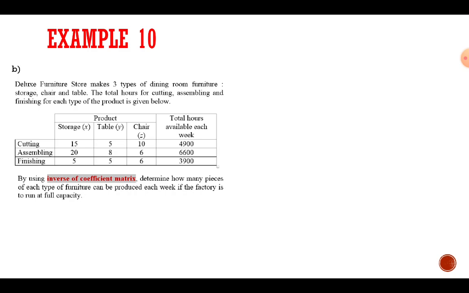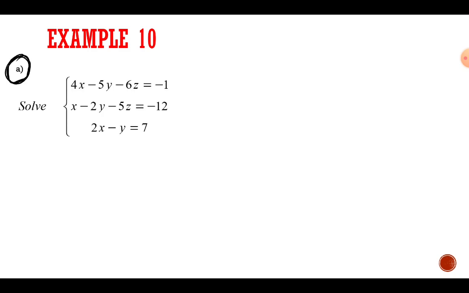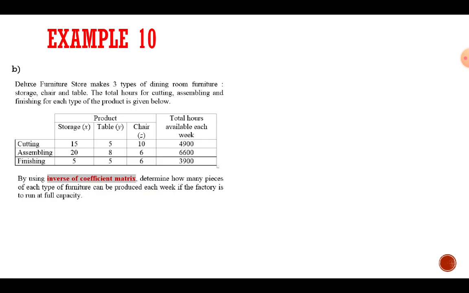Okay. There's another way of soalan, rather than dia bagi dalam bentuk equation macam ni, dia bagi dalam bentuk permasalahan. Okay, so you can see here the questions. Deluxe furniture store makes 3 types of dining room furniture: storage, chair and table. The total hours for cutting, assembling and finishing for each type of the product is given below.